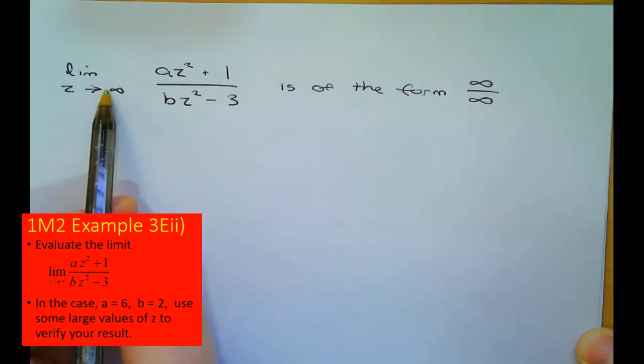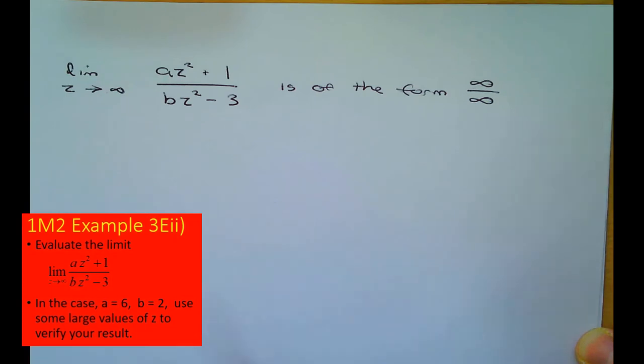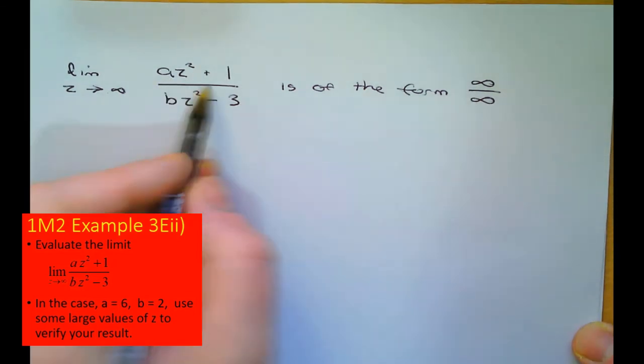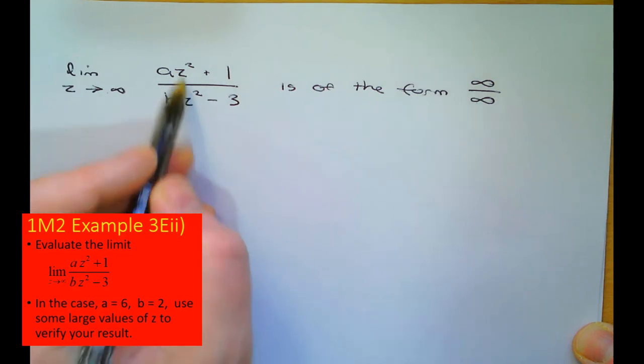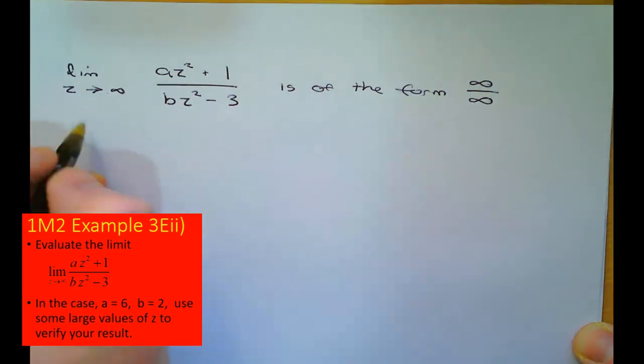So just putting in z equals infinity, that's not going to help us. In fact, putting in z equals infinity to any expression is unlikely to be a great deal of use. But let's now divide top and bottom by z squared, the highest term on each.